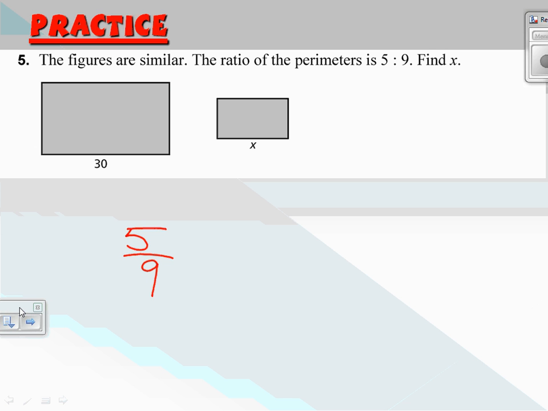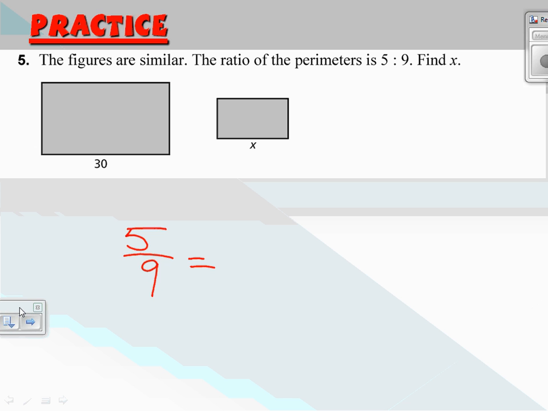What I want to figure out is the side of the smaller shape. It says that the ratio of the perimeters is 5 to 9. And I also know that the ratio of the perimeters is exactly the same as the ratio of the sides. Therefore, I could write a proportion to help me solve this. 5 to 9 is the ratio of also the sides.